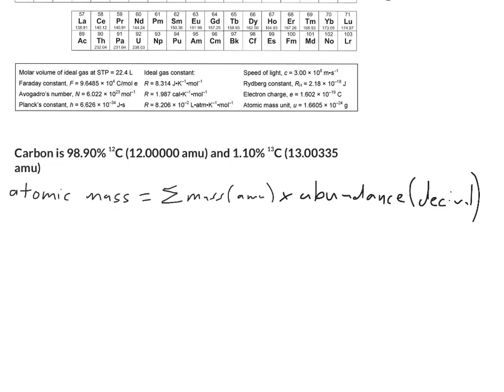So you might see this formula and you might encounter it in different ways. There are a couple ways to interpret it, but for our purposes, use this formula. The abundance as a decimal. Each isotope, if we're talking about carbon here, carbon-12 and carbon-13, each get a term.